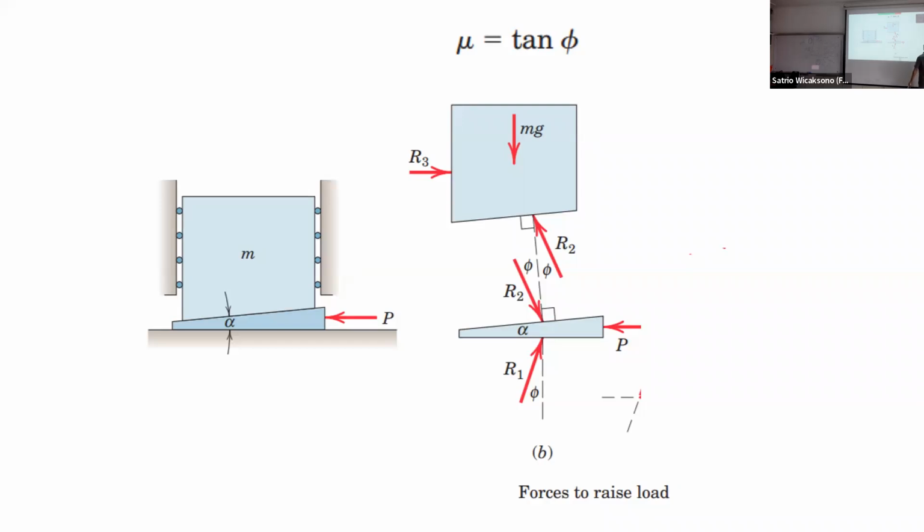So tangent P here will be the same as your mu St, and this tangent P here will be the same as your mu SW.